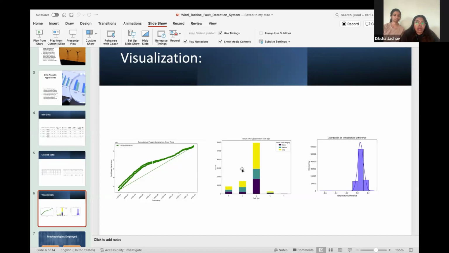Here we can see the third graph, which is a histogram with a normal distribution centered at 0. The histogram and the density plot demonstrate that the majority of turbines maintain negligible temperature variations. However, the tails point to the outliers, as you can see here.